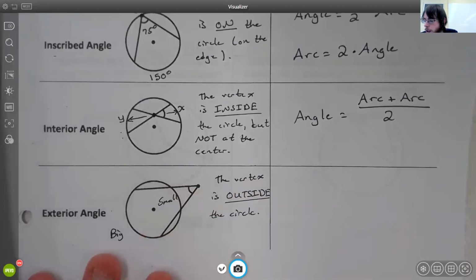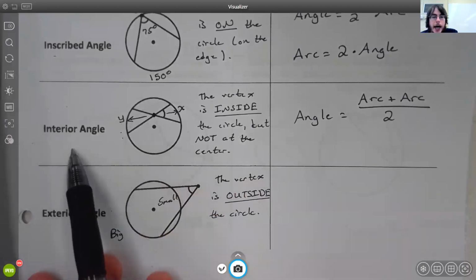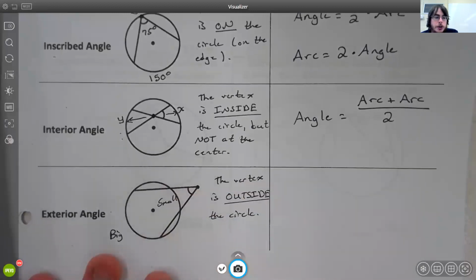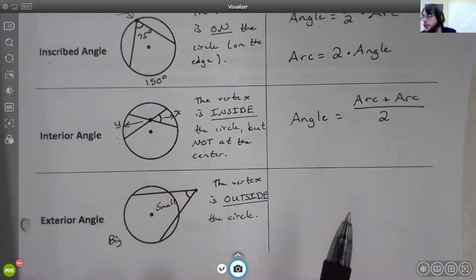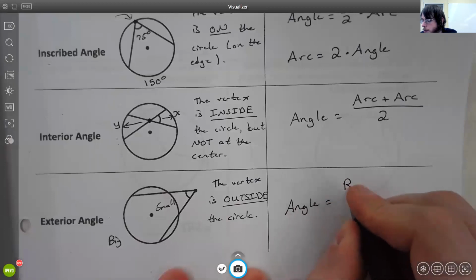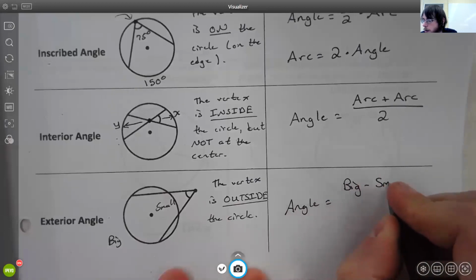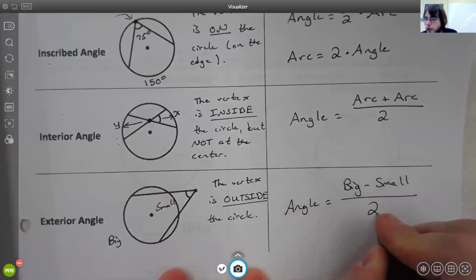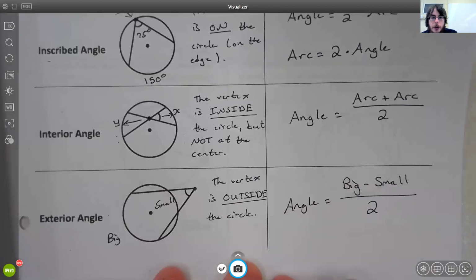If you added for the interior angles, you do the opposite for the exterior, which means you take your big arc minus your small arc and divide by 2.